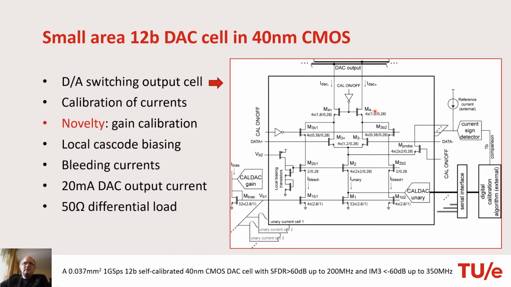Other things which are interesting for this architecture: the main novelty here is that we have one phase in the calibration algorithm in which we first calibrate for the gain mismatch of the DAC cell. In this way we relax the requirements for the full scale range of the calibrating DACs per current source.